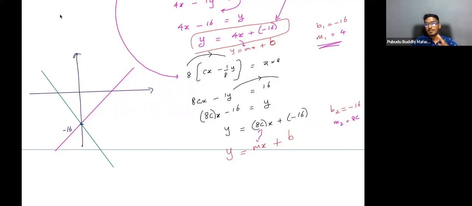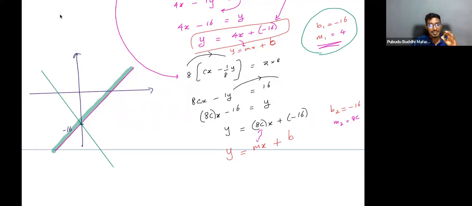But we need infinitely many solutions. You can't really change that pink line because it has fixed values. But of course, you can change the green line. To get infinitely many solutions, I think we need that green line like this, on top of the pink line.